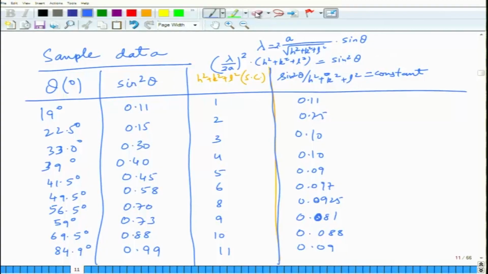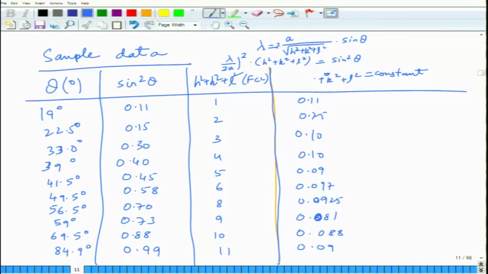Now, let us examine for the case of h square plus k square plus l square for BCC. If you examine for BCC, again you will see that it will not be equal. It is only when you examine it for FCC. For FCC, BCC you can do yourself, I will do it for FCC.